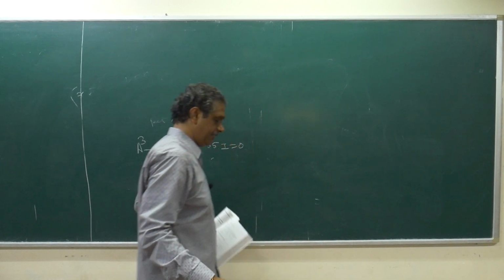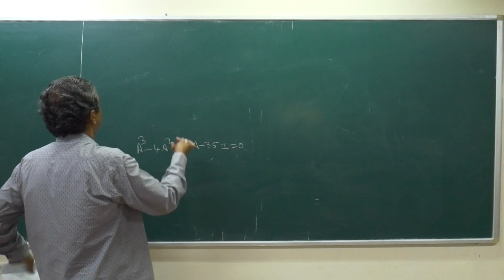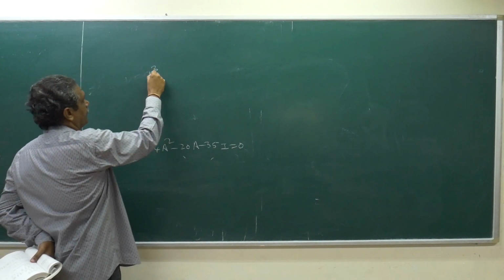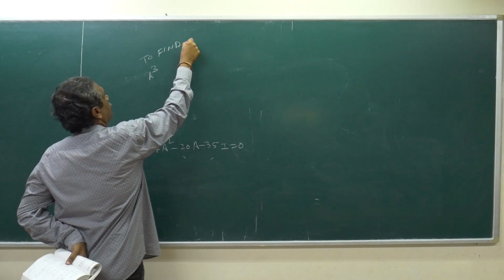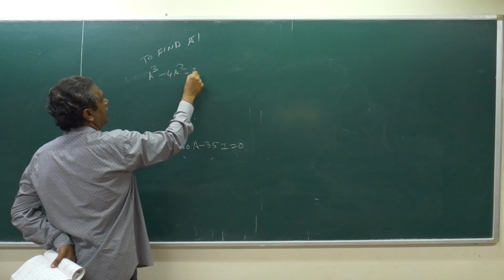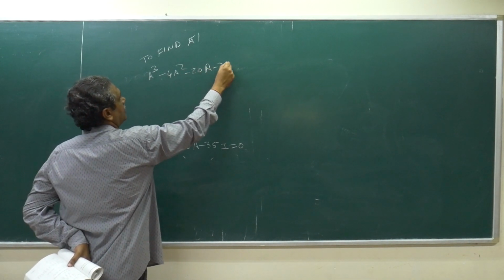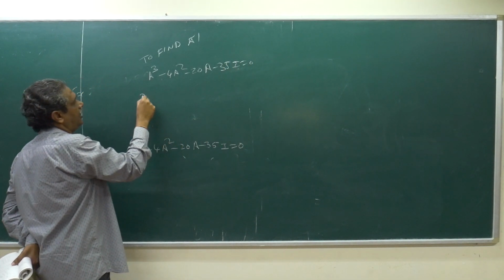Taking this equation, this is already I know, 4A square minus 20A minus 35I is equal to 0. Pre-multiply by A inverse.